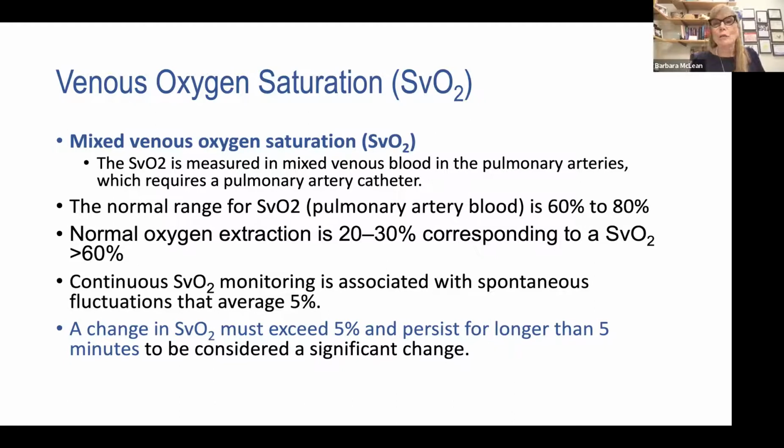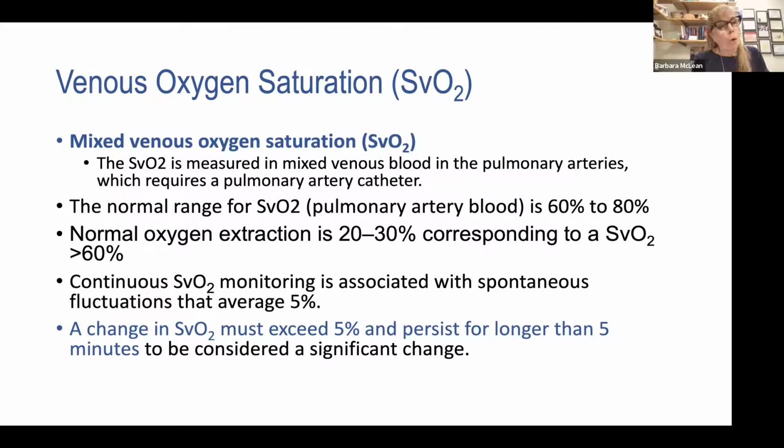SvO2 is the amount of hemoglobin that is saturated with oxygen, measured in the pulmonary arterial circulation. That is what we call SvO2. That blood is mixed venous, meaning from the SVC, the IVC, the coronary sinus, the thebesian veins, all the veins draining blood back into the right atrium, mixing in the right atrium, mixing in the right ventricle, and ejected up into the pulmonary artery.